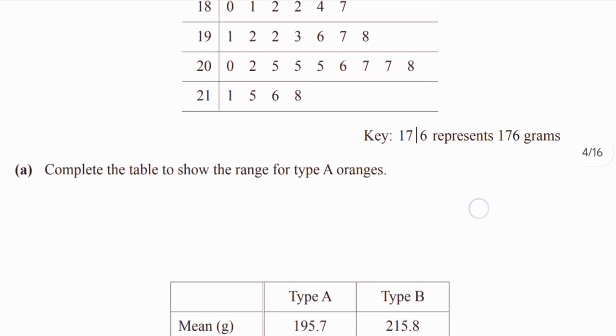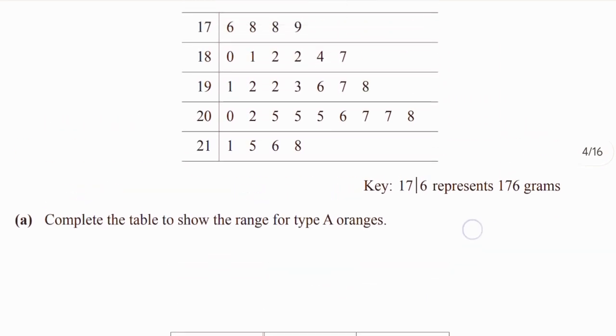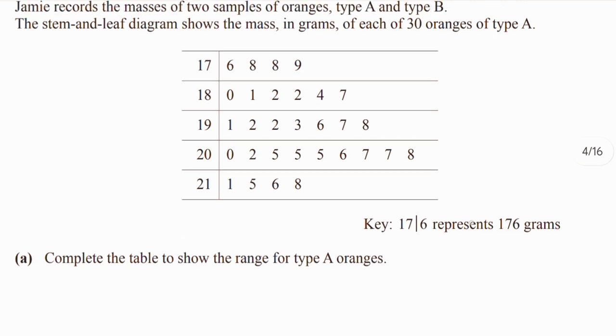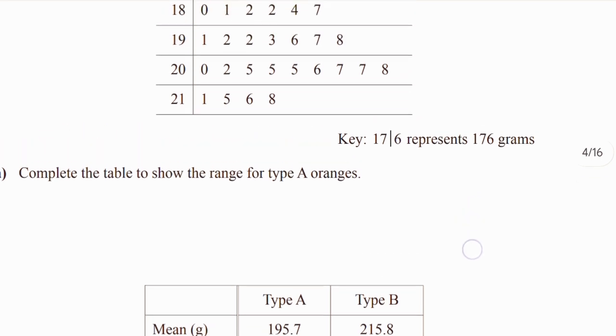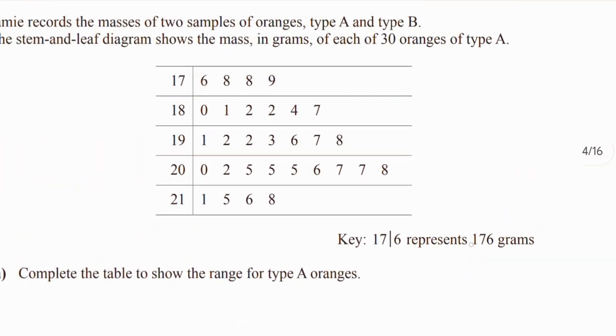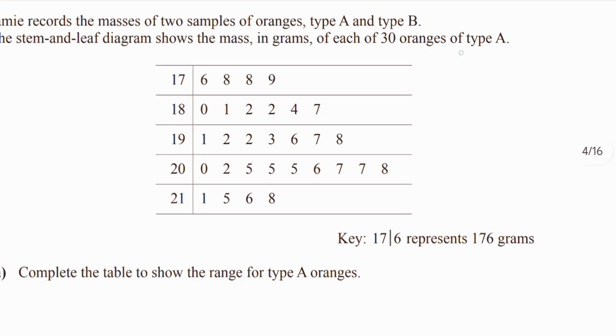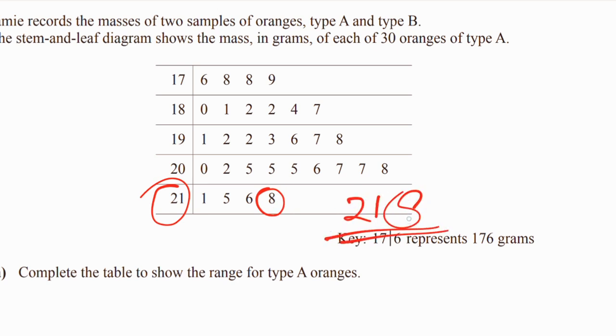Range means using the highest number of the orange. So the highest one, using this stem and leaf diagram, is 218, because this one number and this one number together make 218, which is the highest number, and the smallest number is what? 176.